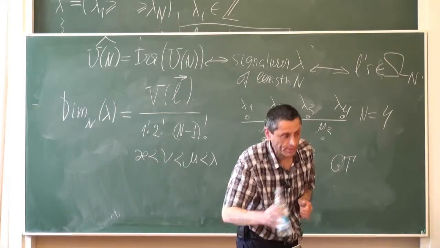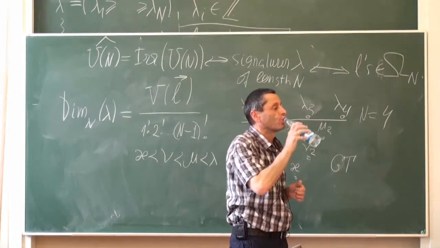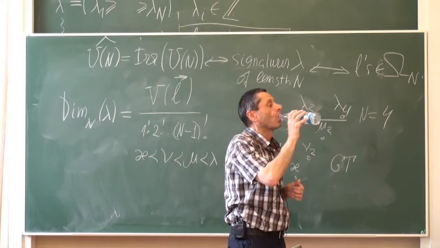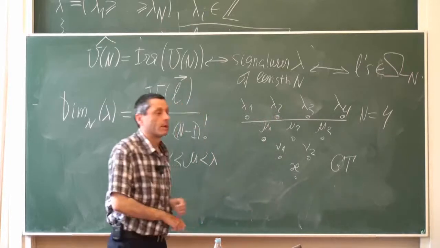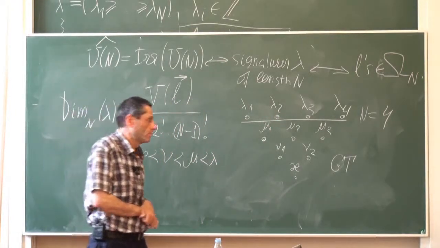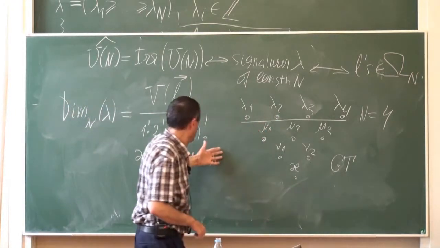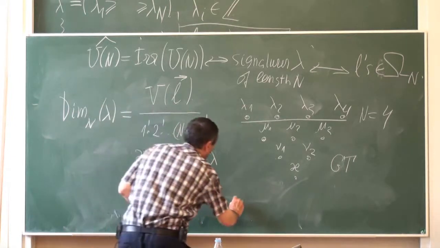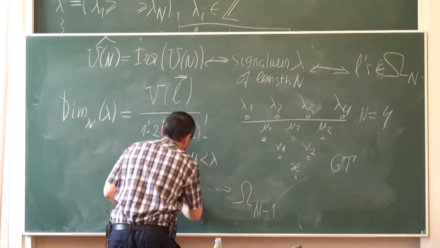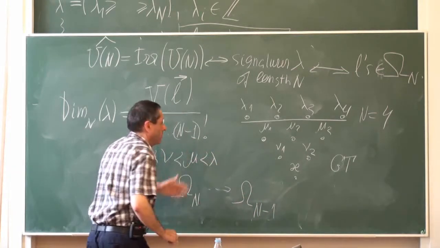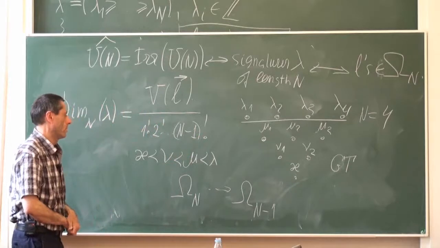Okay, so what next? What is the boundary? For I have defined the links in terms of the ratio of dimensions.